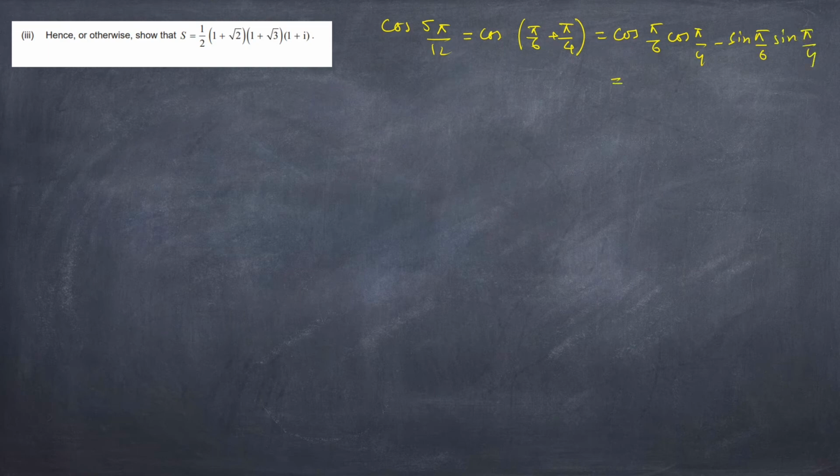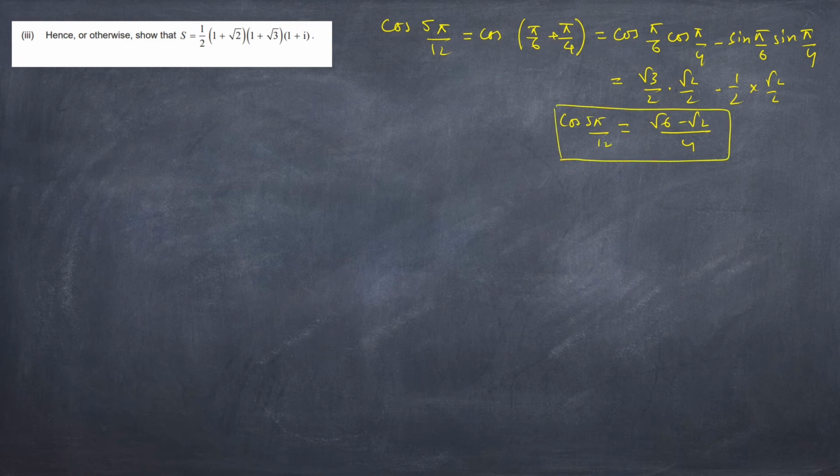So we are getting root 3 by 2 into root 2 by 2 minus 1 by 2 into root 2 by 2. So we are getting the answer to be root 6 minus root 2 divided by 4. Please keep this in mind, that cos 5 pi by 12 equals root 6 minus root 2 divided by 4. Now we need to find out the summation.